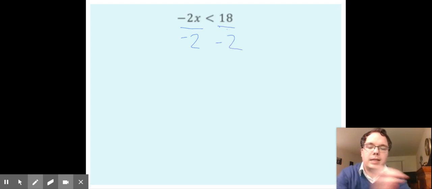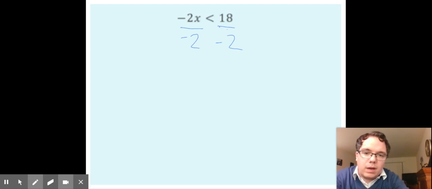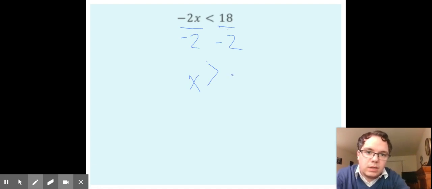And since I divided both sides by a negative number, I now have to flip this symbol in order to make it true. So I'm going to get x is greater than negative 9.